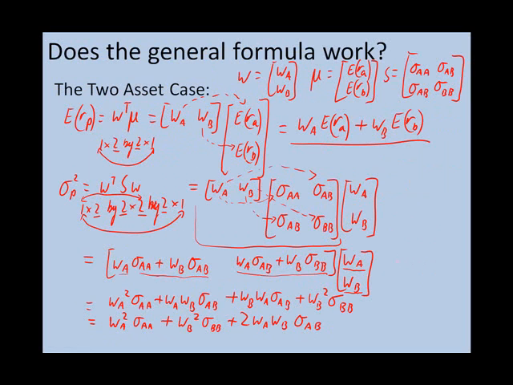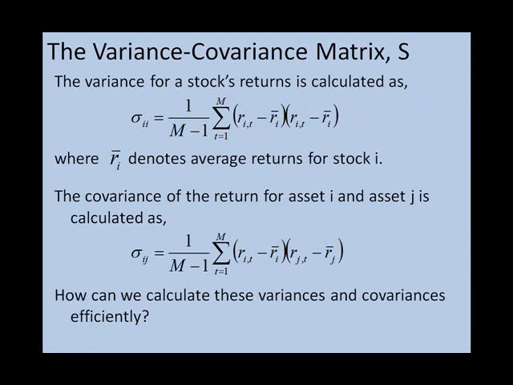The final thing we need to consider is the variance-covariance matrix S. How do we calculate the variance-covariance matrix? We know how to calculate variance. We know that variance is deviations from the mean, all squared.